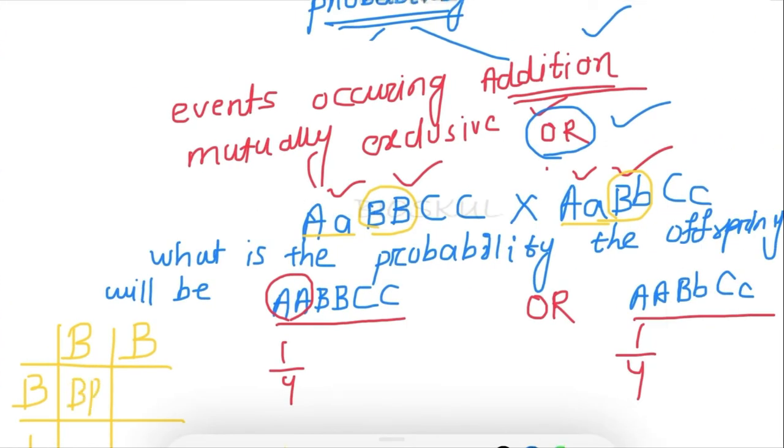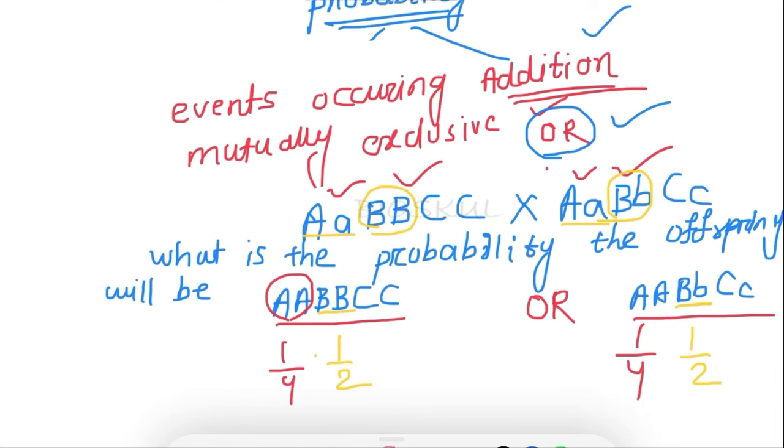We will get BB, BB, Bb, and Bb. So here, what is the probability of getting BB? It is 2 upon 4, because out of the 4, 2 are BB. Similarly, what is the probability of Bb? That is also the same, 2 upon 4 or half.